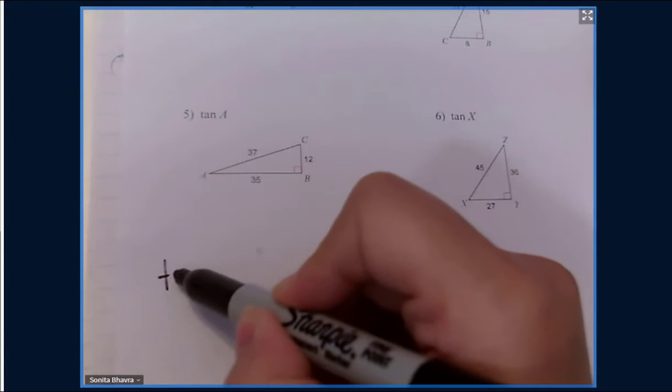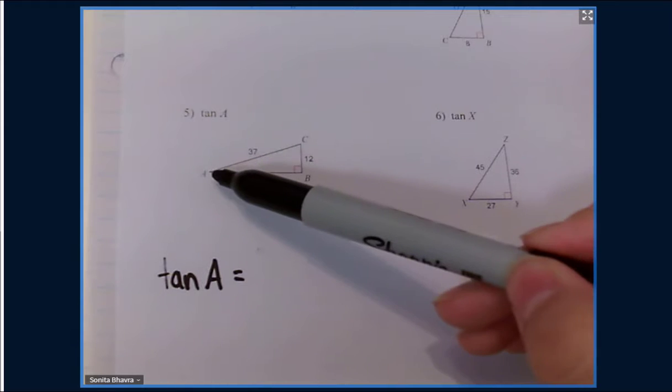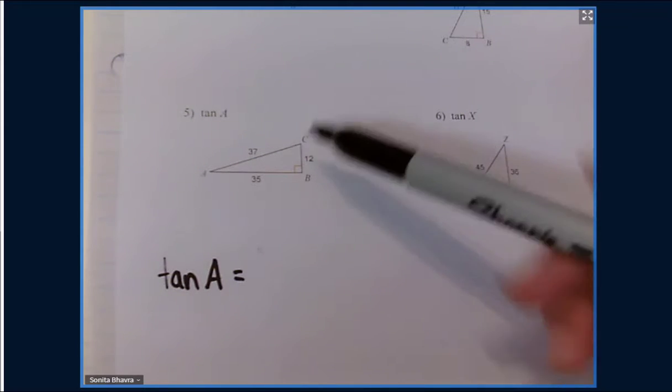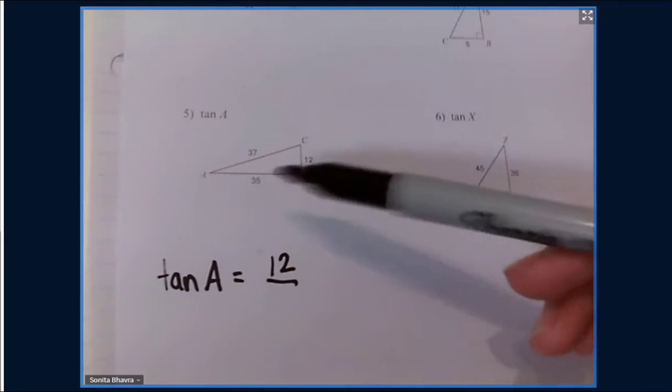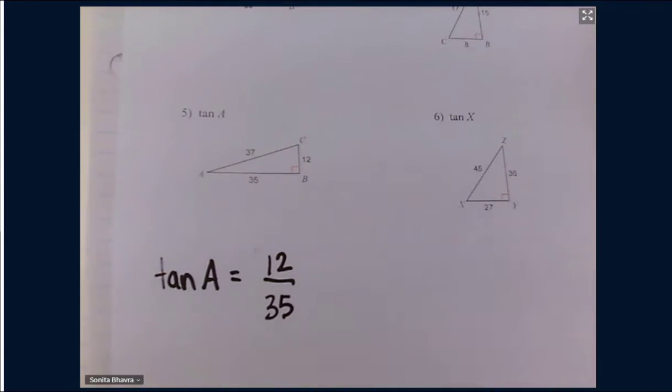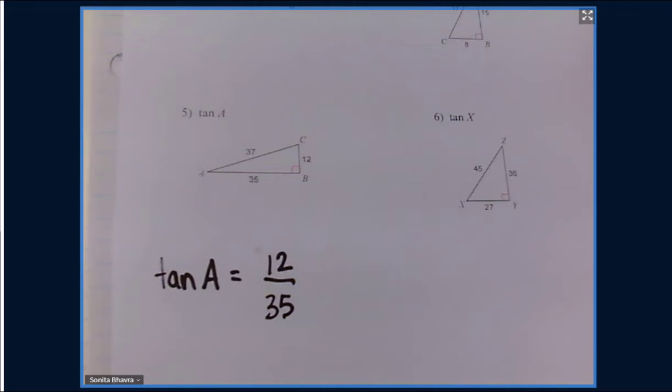So tan of A is equal to opposite, which is 12, and the adjacent is 35. So we're going to leave it at 12 over 35. And hypotenuse here was 37, but our tan ratio does not use the hypotenuse. So we just needed to know our opposite and adjacent, and this cannot be reduced, so we're going to leave it as 12 over 35.